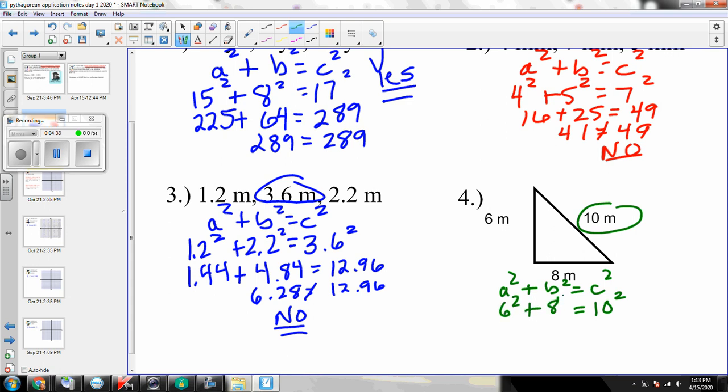So I have a 6 squared plus 8 squared. Let's see, 6 squared is 36. 8 squared is 64. If I square 10, I get 100. 36 plus 64 is 100. That does equal 100. So yes, the Pythagorean theorem did work, so yes, this is a right triangle.